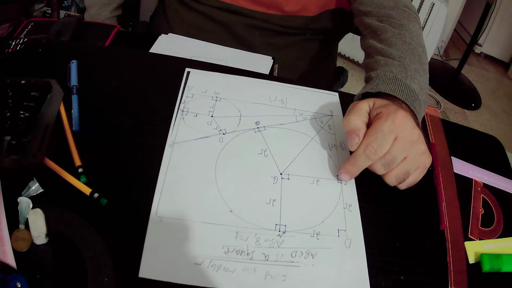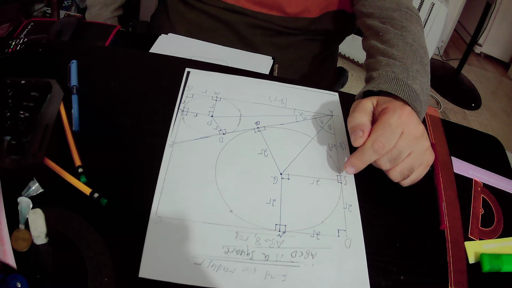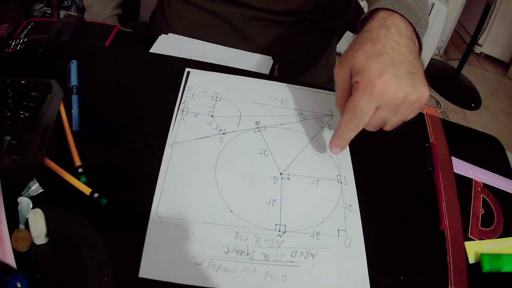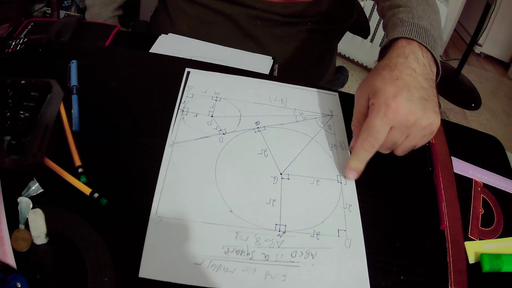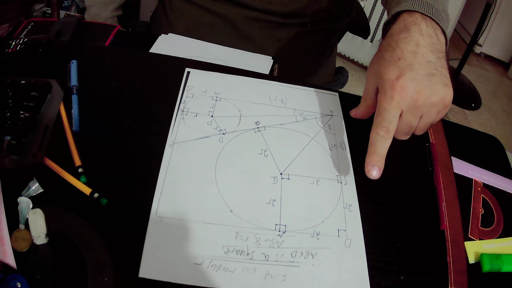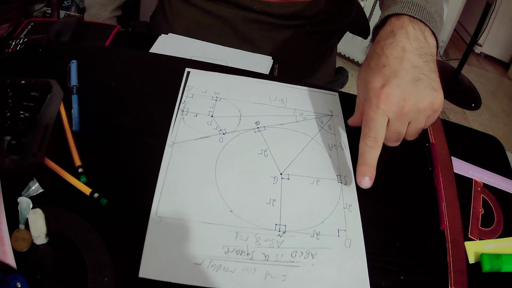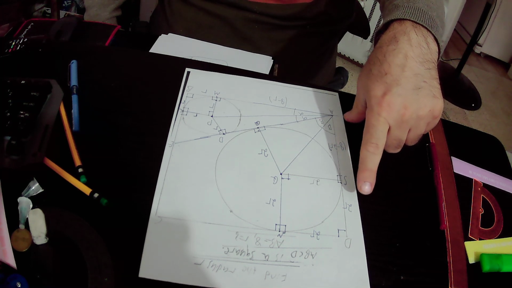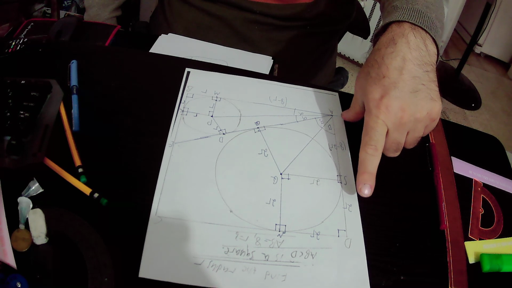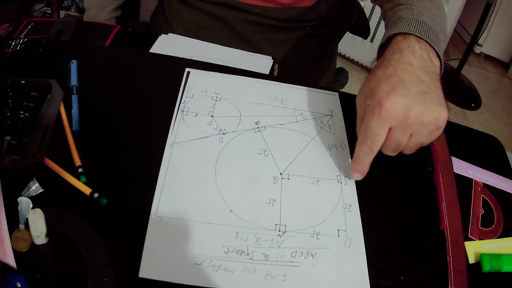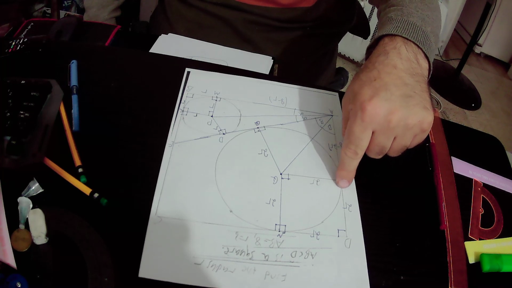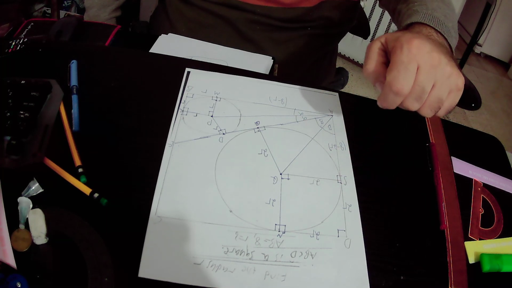Again, this angle is a right angle because this radius is drawn to the point of tangency, that is to say to point S. Therefore, the tangent DA is perpendicular to this radius drawn to the point of tangency, that is to say this angle is 90 degrees and this angle is 90 degrees.